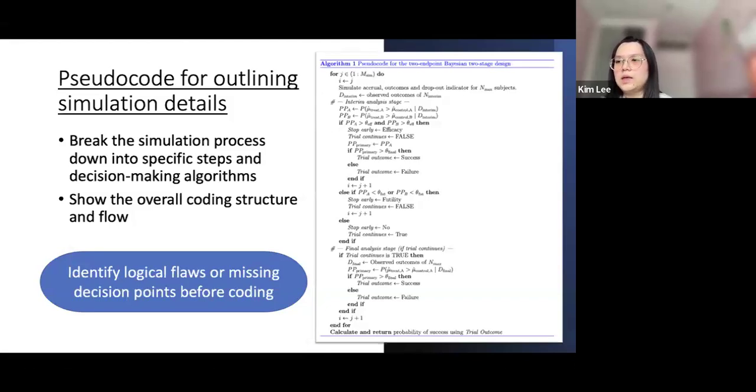I tend to start with the innermost line, what would happen in a single trial replication. I normally consider the use of the if-else function independently. Then only join the pieces together and move on to considering the outer loop of what I want to achieve.